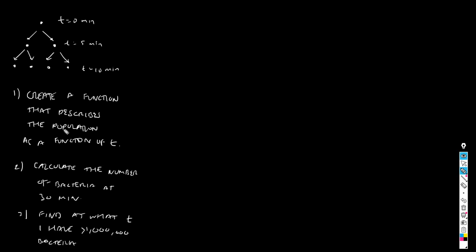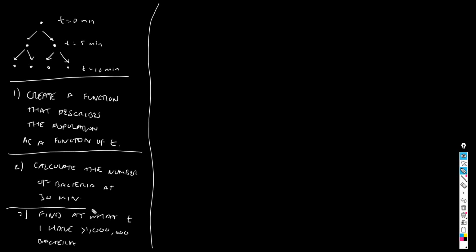Okay, so let's do it. This thing is known as exponential growth for a reason, right? You're going to make use of exponential functions to model the behavior of this type of system. So let's create a little table to represent the following.